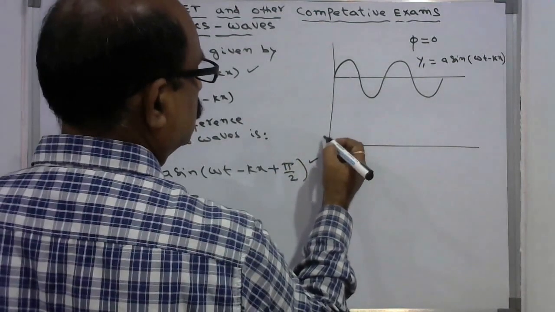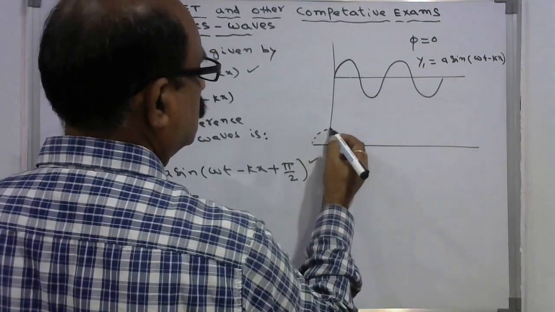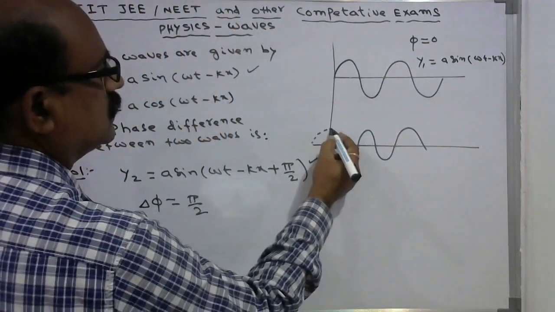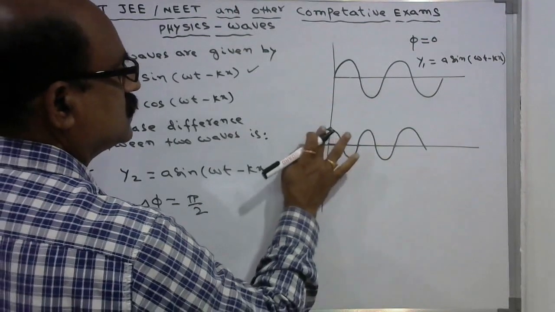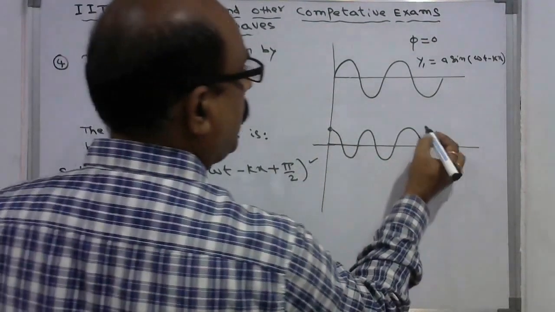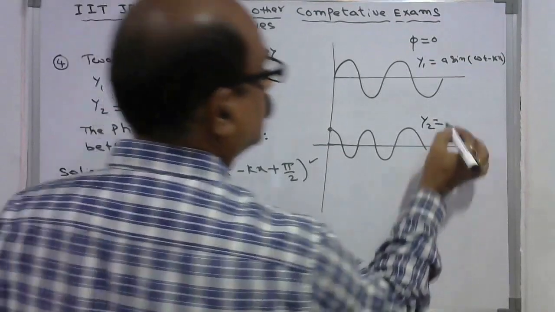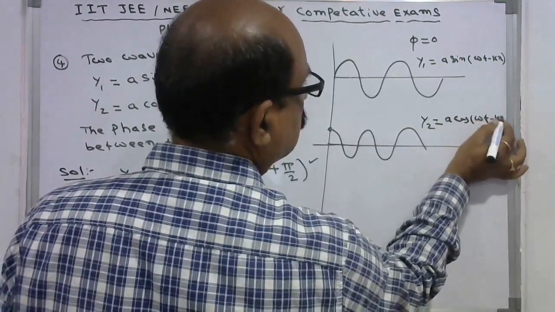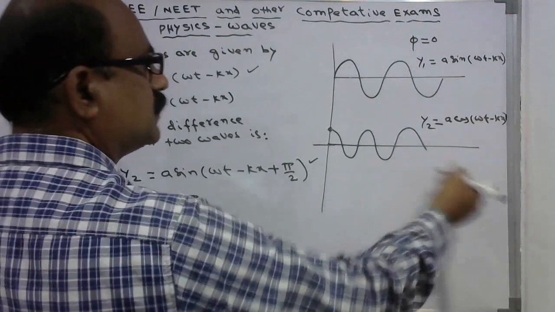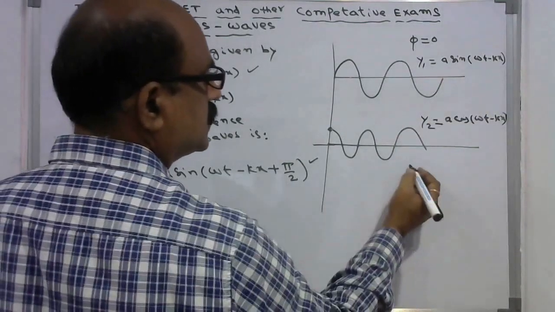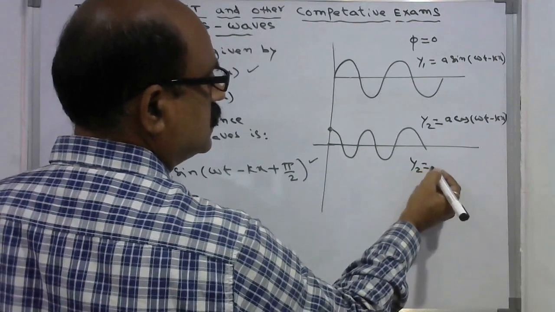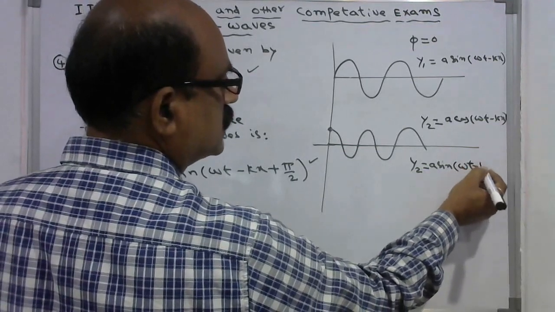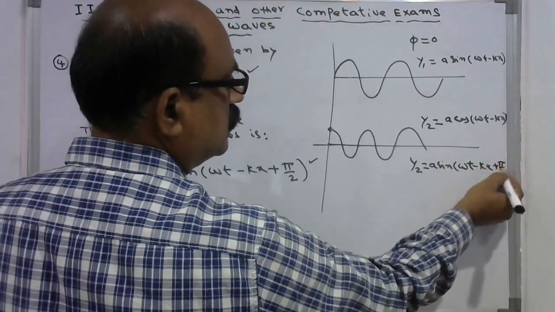So instead of starting the wave like this, this wave represents y2, which we can write as a cos(omega t minus kx), or if you want to express this in terms of the sine function, you can also write it as a sin(omega t minus kx plus pi by 2).